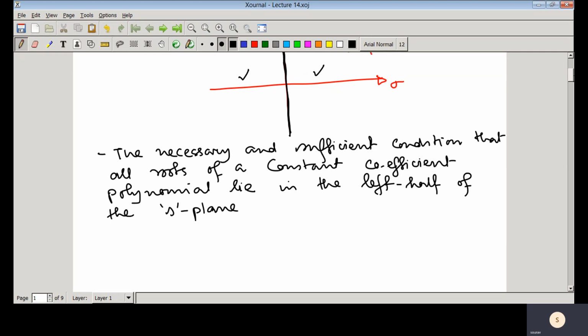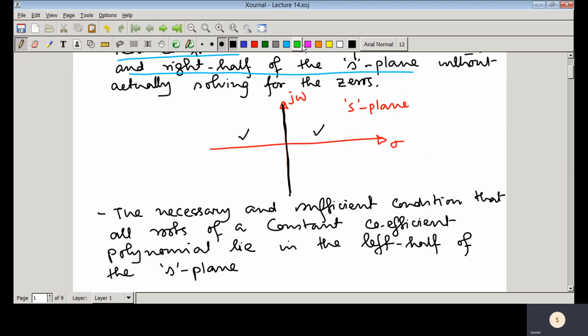So that means here we have drawn this particular plane. So this is that S-plane. So whether roots are lying in the open left half of that S-plane or not.